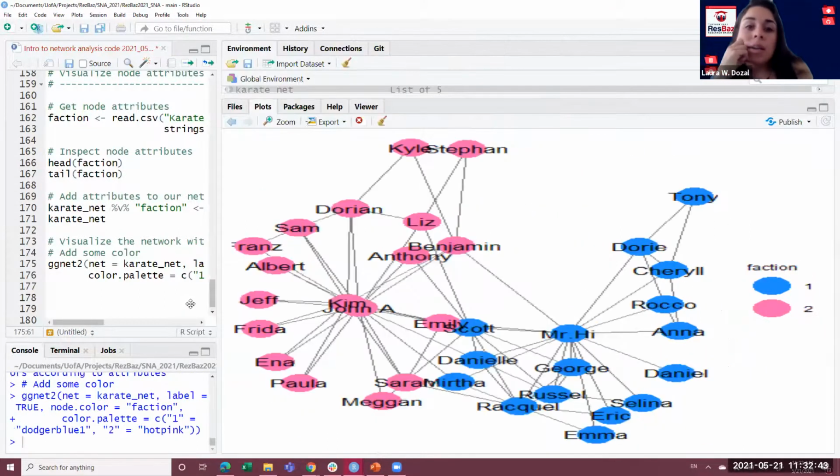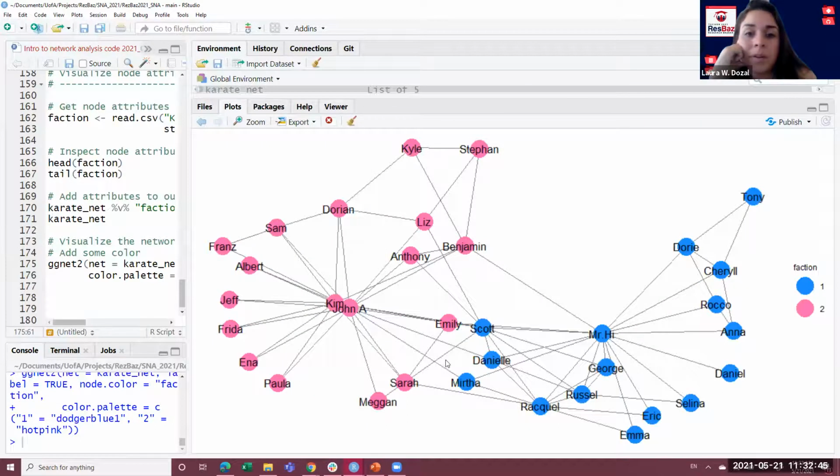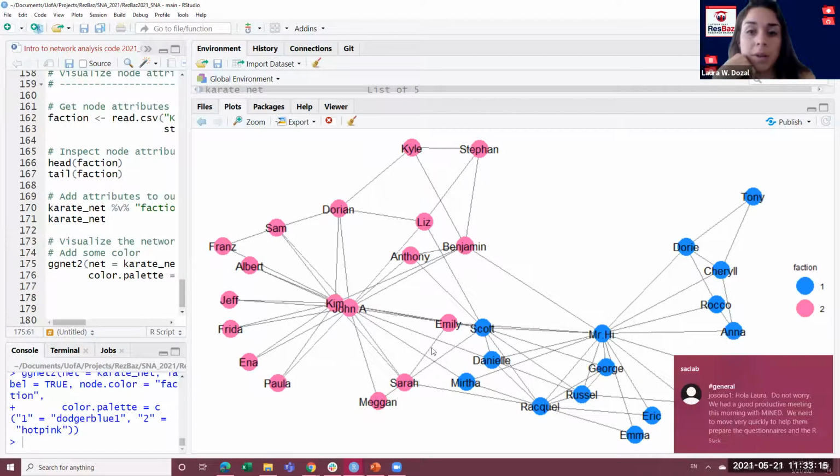Here we can see how there is a split between John A and Mr. H. It's a more general split, not based on measures of centrality. It's based on ideological attributes. So here we have 2 types of ideological attributes, which is understandable because Zachary collected data in a binary form, so it's going to be one or the other.